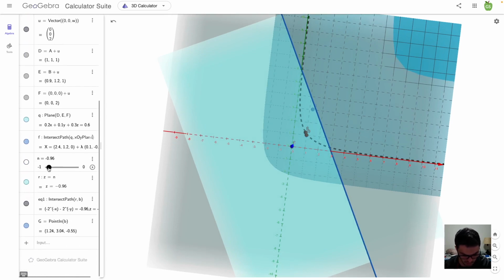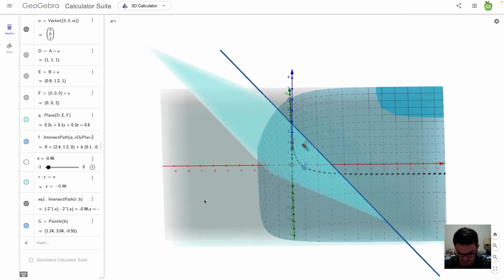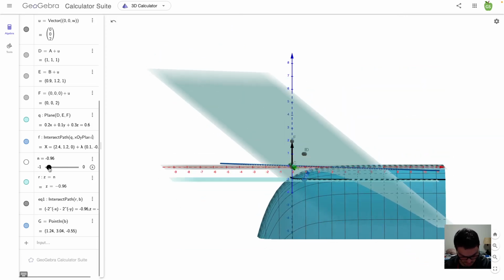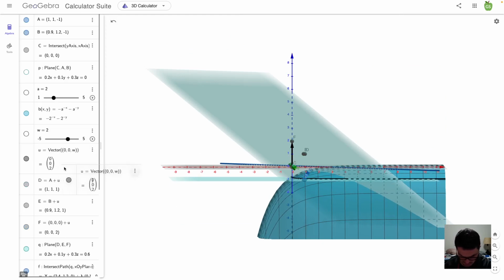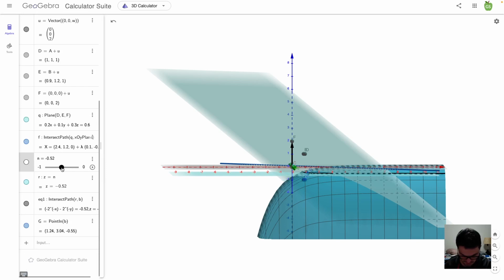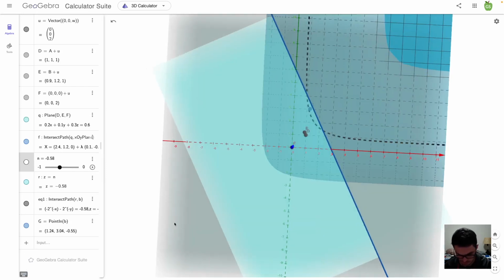Well, remember we change our slice here. So let's move our slice up and down like this. We're moving our slice. So let's look at it from above.